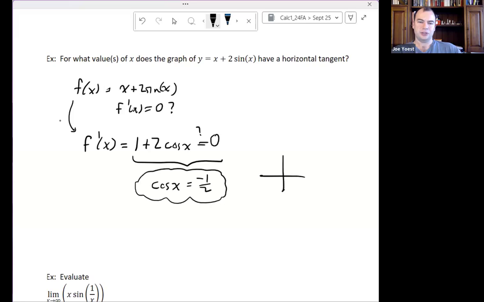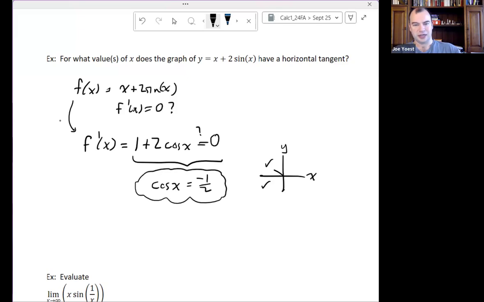So I know that cosine relates to the x value. So I should have a quadrant 2 and a quadrant 3 solution from 0 to 2 pi. Right, that's when the x is negative. And then what do I do?